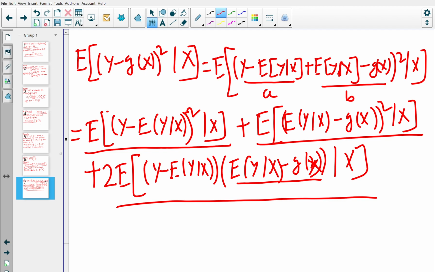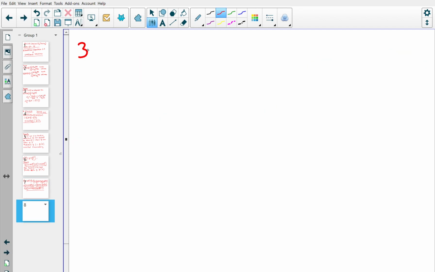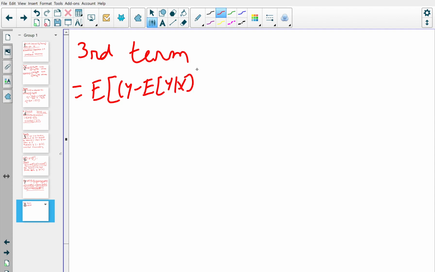So now the third term you can write as the expectation of (y minus the expectation of y given x) into (the expectation of y given x minus g(x)), given x.